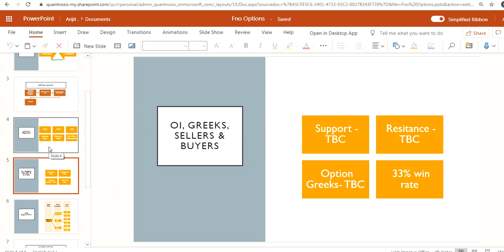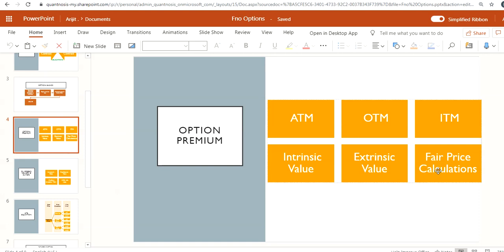How the price of options moves is determined by something called the option Greeks. This is part of option price calculation, but it's a slightly more advanced topic.